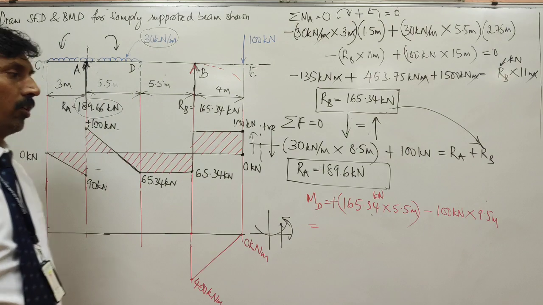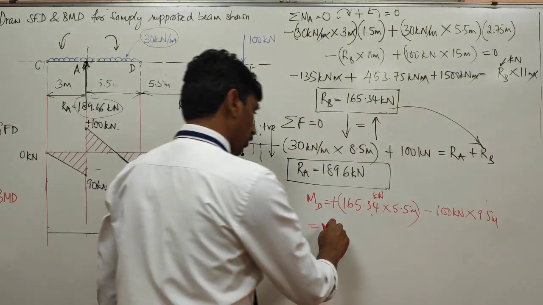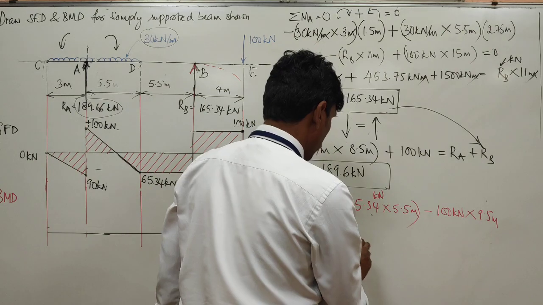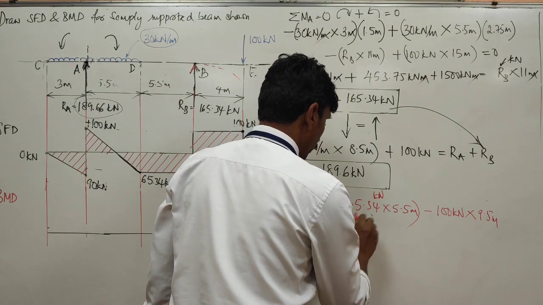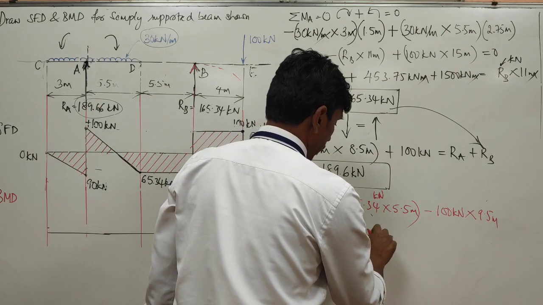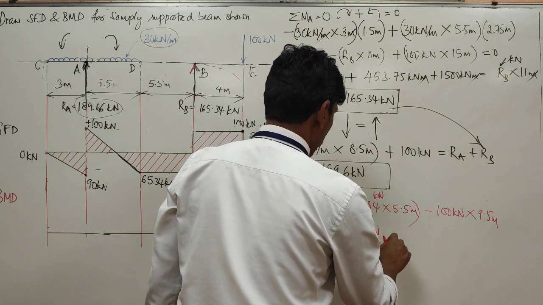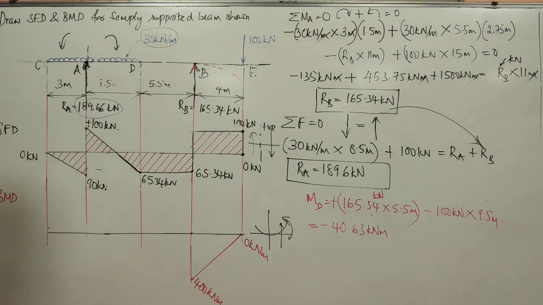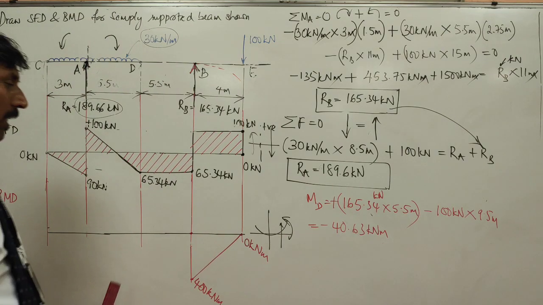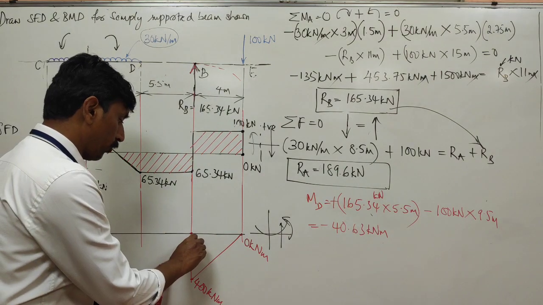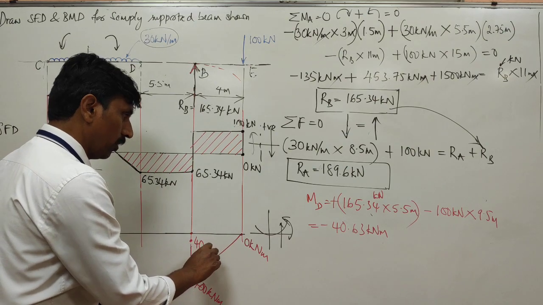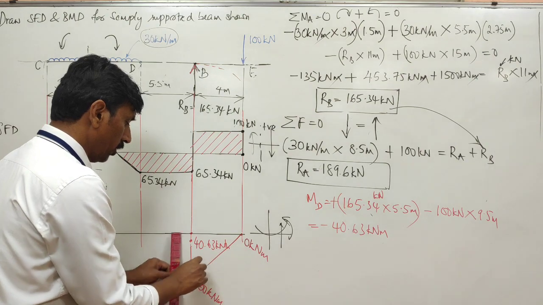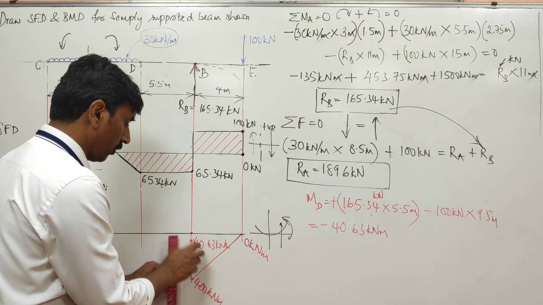Minus 40.63 kilonewton meter. So this goes from minus 400 to minus 40. So minus 40 could be somewhere here. 0.63 kilonewton meter. It goes from this to this.